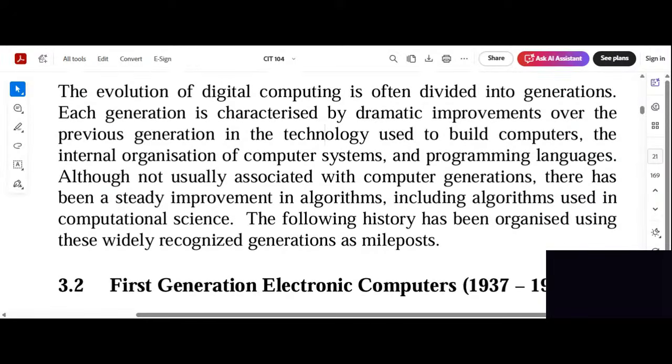So although not usually associated with computer generations, there has been a steady improvement in algorithms, including algorithms used in computational science. The following history has been organized using these widely recognized generations as mileposts.